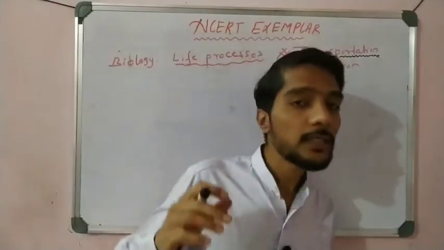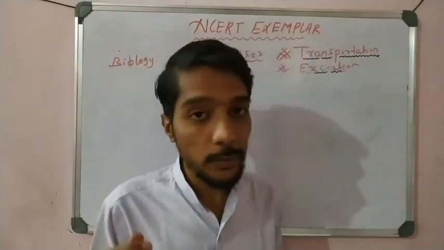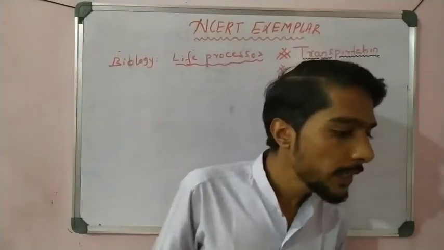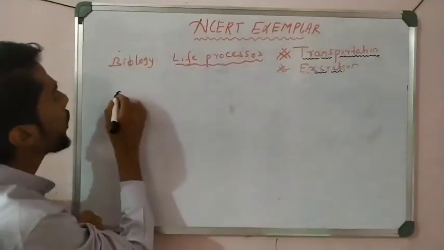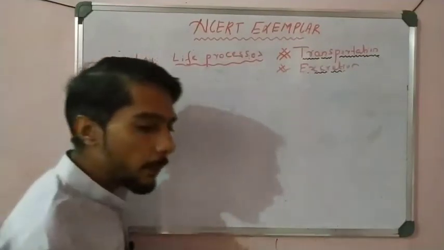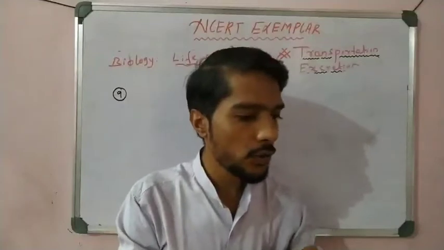Now students, take some more extra examples or MCQs on this concept. See question number 9. Up to 8 we took from the NCERT exemplar, and from 9 some more important questions from the model papers.